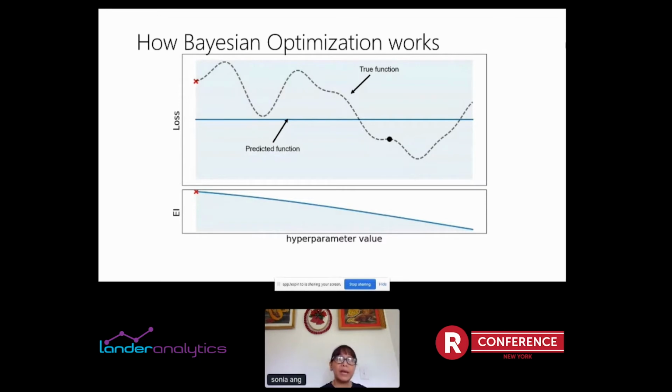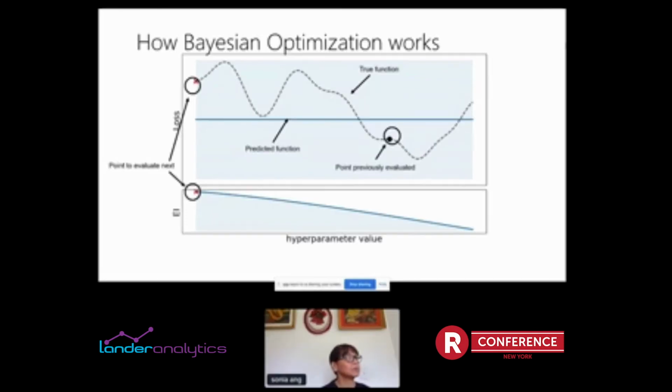So let's say we had a couple of points that we know from the true objective function. Now that we have sample points of this objective function, how would we decide what the next hyperparameter to choose would be?